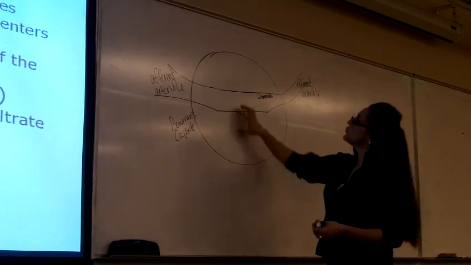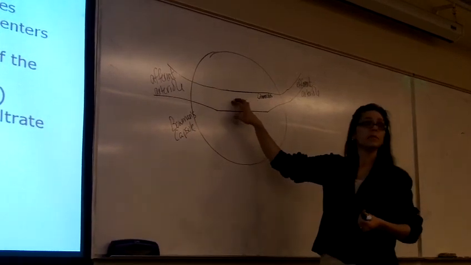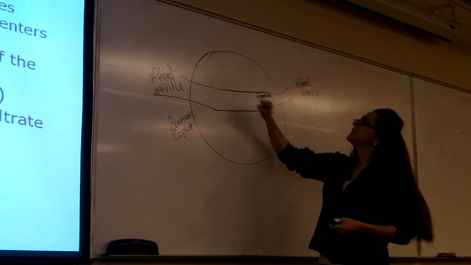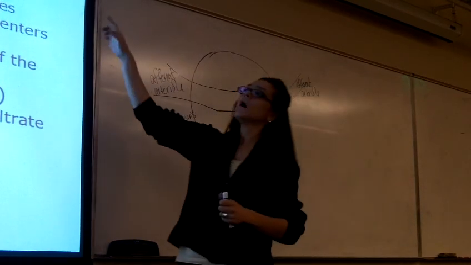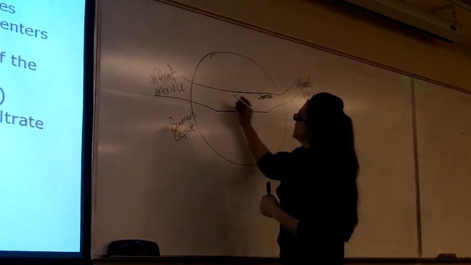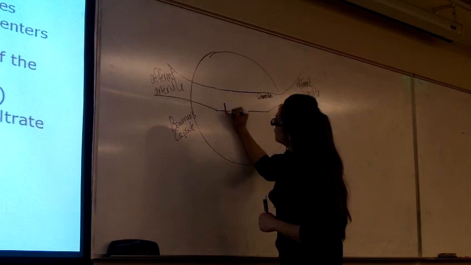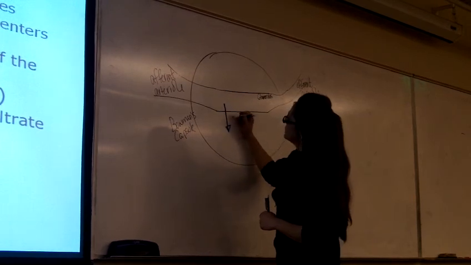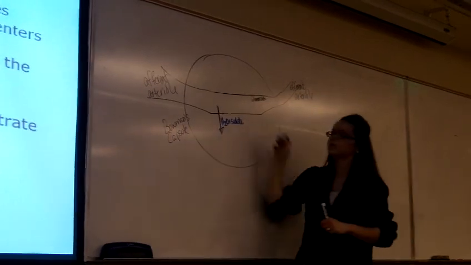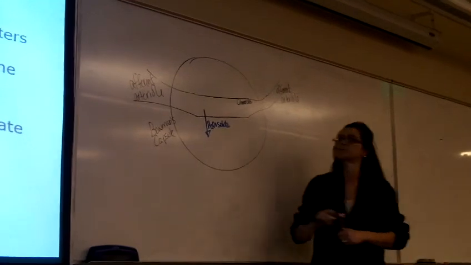Now, this pressure here, basically the blood pressure that's inside the glomerulus, is our glomerular hydrostatic pressure. And that pressure tends to force water and solutes out of the glomerulus and into the space of Bowman's capsule.